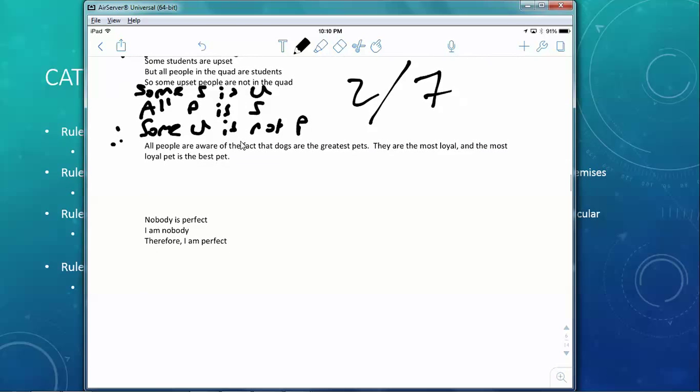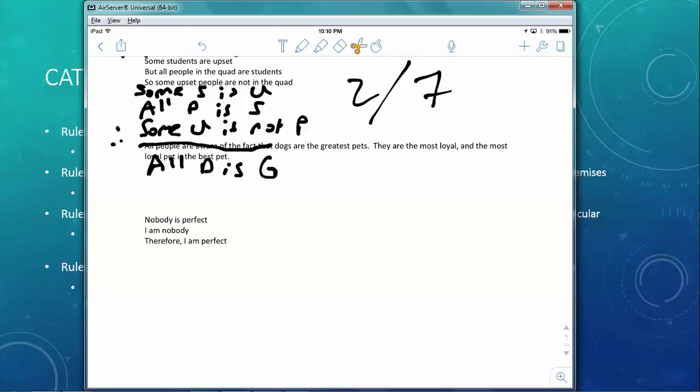All people are aware of the fact that dogs are the greatest pets. Now, "all people are aware of the fact that" is a bunch of junk, right? What is being said is really that dogs are the greatest pets. So all D is G, greatest pets. They are the most loyal. Oh, you know what? Hold on, everybody. I'm about to blow your mind.